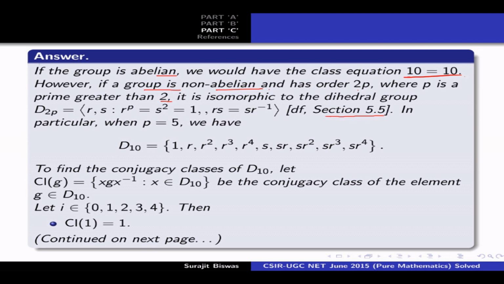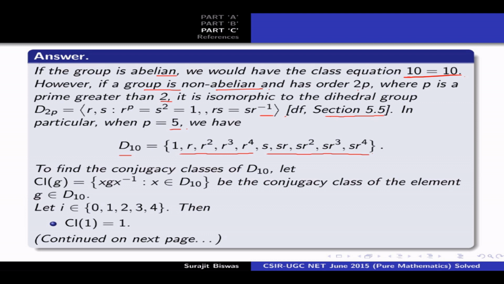D2p is generated by r and s, where r is a rotation and s is a reflection, so that this condition holds: r to the power p equal to s squared equal to 1, and rs equal to sr inverse. In particular, when p equal to 5, we have D10 equal to the collection 1, r, r squared, r cubed, r to the power 4, s, sr, sr squared, sr cubed, sr to the power 4.